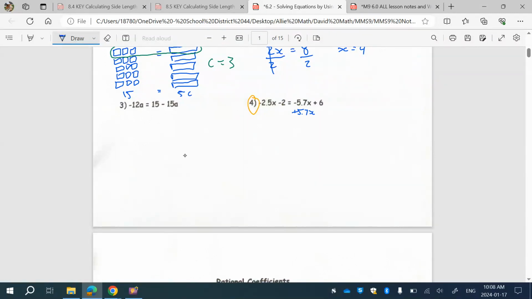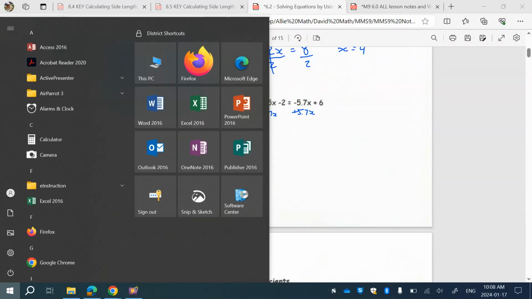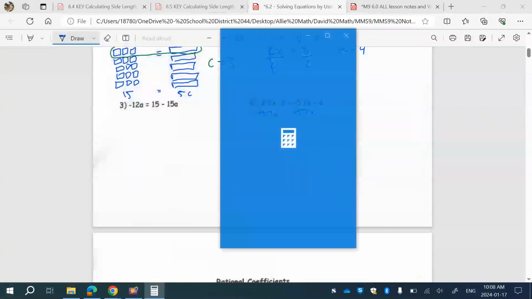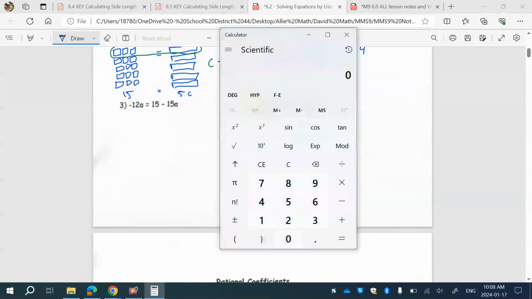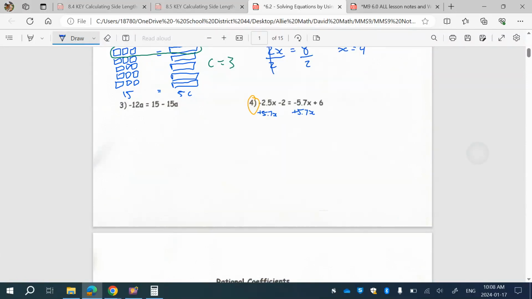So I'm going to put our x's over on this side. So let's add 5.7x here as well. I'm going to do that one quickly on my calculator. So we have negative 2.5 plus 5.7. That's going to equal 3.2.